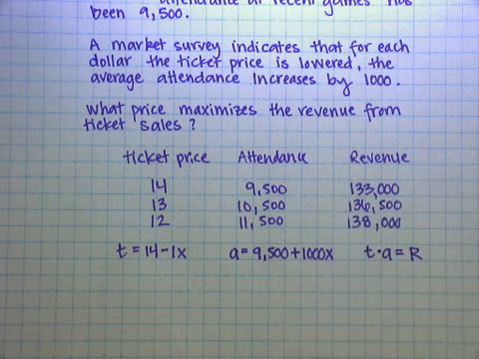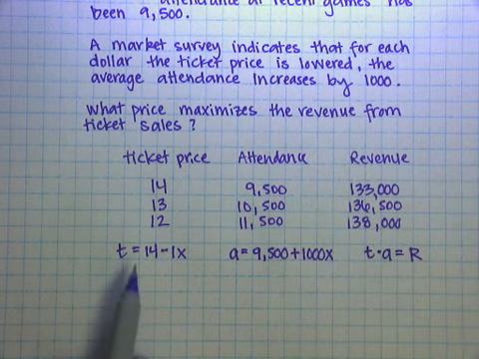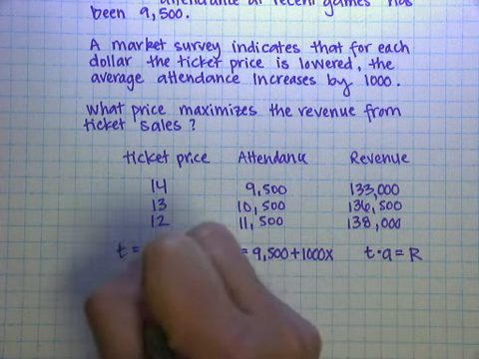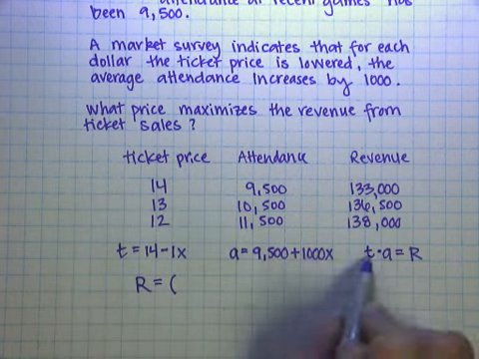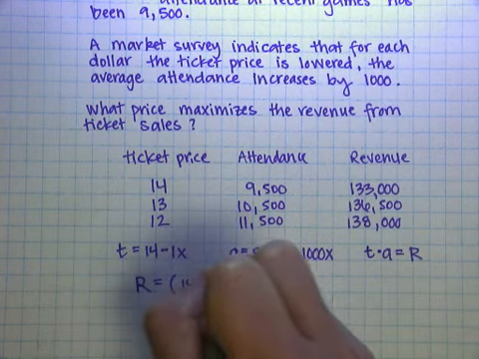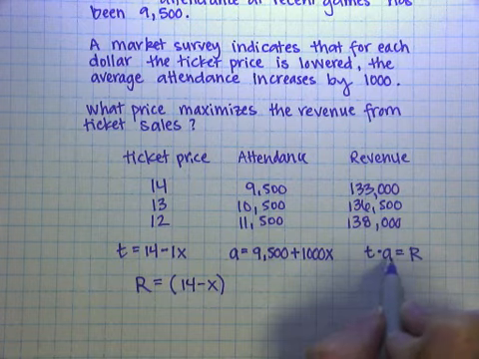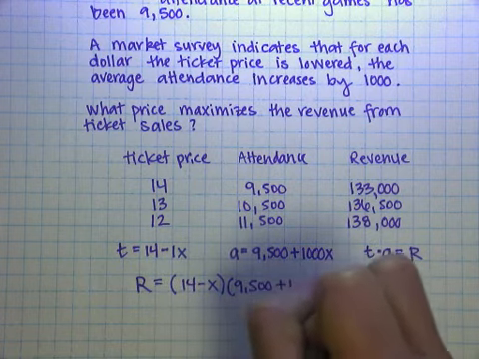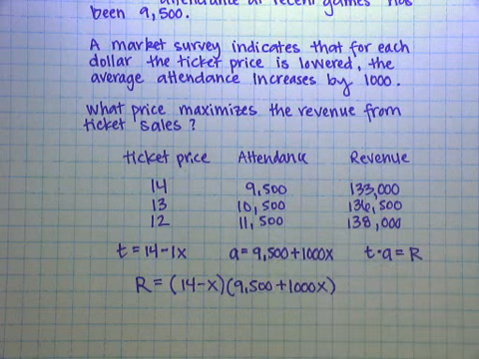Now that I have some models set up, I can use substitution. So I'm going to plug 14 minus X and 9,500 plus 1,000X into my revenue formula.